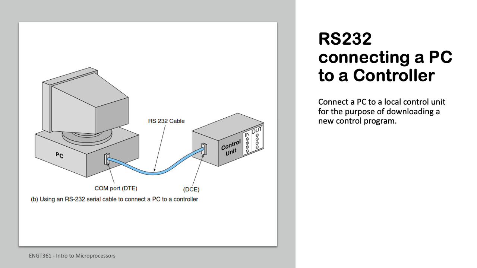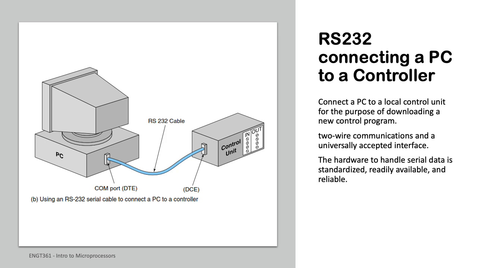For example, to connect a PC to a local control unit for the purposes of downloading a new control program. RS-232 serial data transfer is somewhat more complicated than parallel data transfer, but it offers advantages such as two-wire communications and a universally accepted interface. The hardware to handle serial data is standardized, readily available, and reliable.